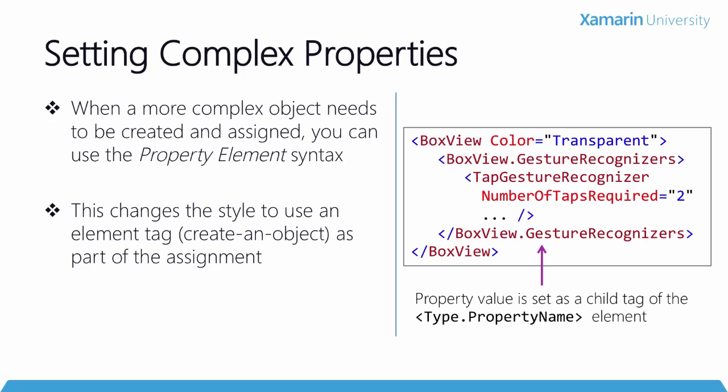This is called the property element form, and it involves breaking the property setter out into a parent-child form, where the property name is expressed in an element tag with the name type.propertyname, as shown here with the boxView.GestureRecognizer. The child tag is then expressed as an element tag, which creates the object and assigns it to the property. Anytime you need to create a new object, set properties on that object, and then assign that object to the property of another object, you can use this approach.